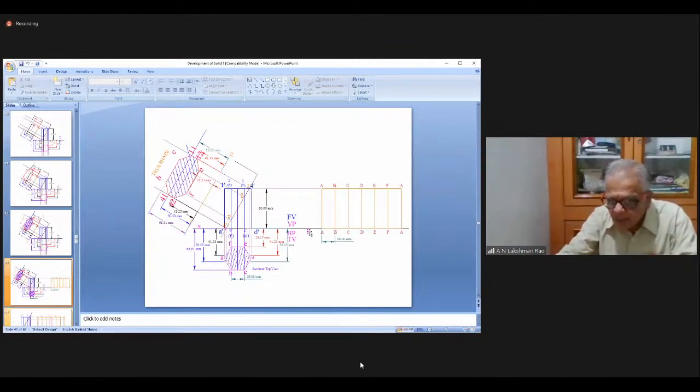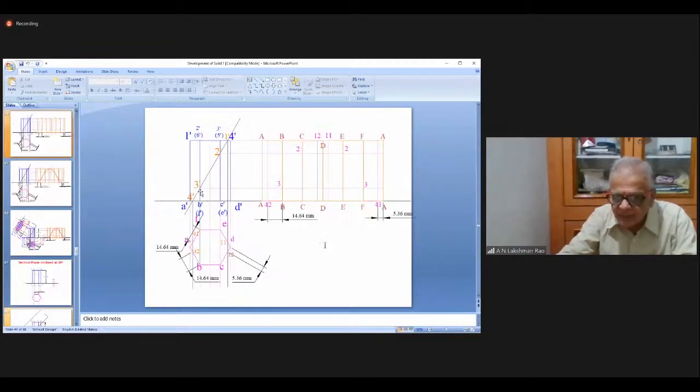Now, after this, draw one horizontal line. Again, same thing. Mark A, B, C, D, each is 20. You mark 20, 20, 20. Draw all vertical lines. Now, from wherever sections are there, you mark. For example, this is 3. Where is 3? 3 is on F and B. 3 dash is on F and B. So if you mark it, 3 is on B, on F also it is 3.